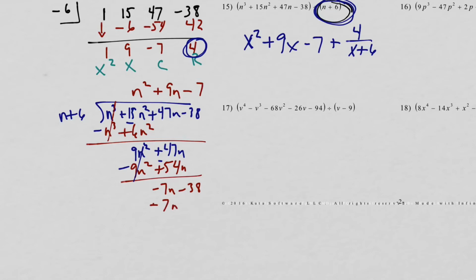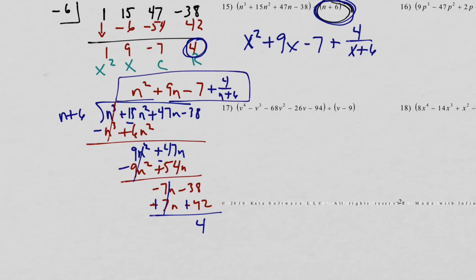And then a negative 42. We change the signs again. And we're left with 4. So then our remainder becomes 4 over what you're dividing by. Same result. Much longer, much more confusing if you forget to flip the sign like I did.